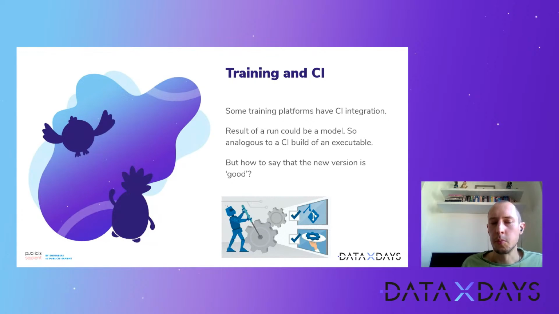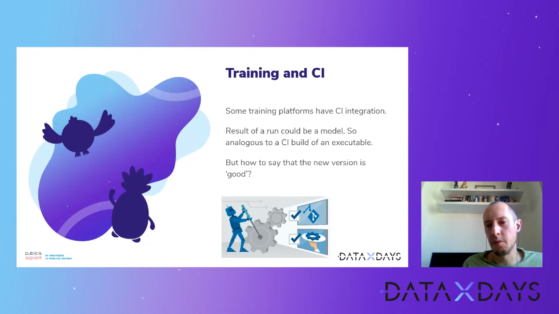So from a traditional DevOps perspective, these training platforms look quite similar to CI systems like Jenkins, but they're also rather different. They're different in that when you perform different runs with different parameters, you're kind of playing with different options to see which will result in the best model.